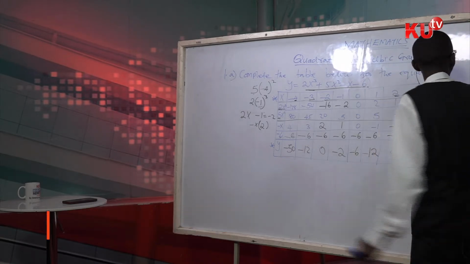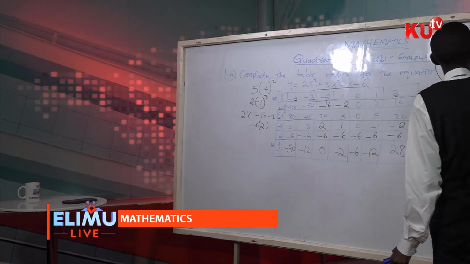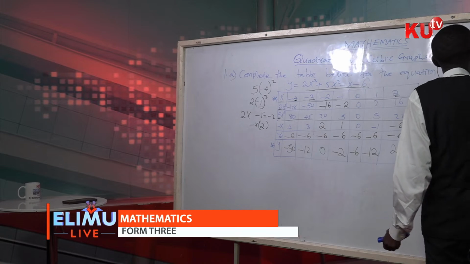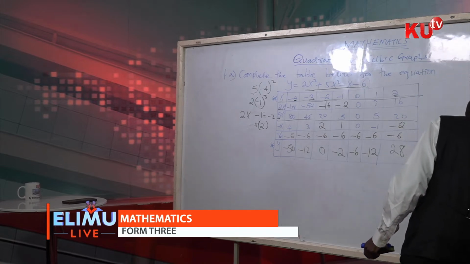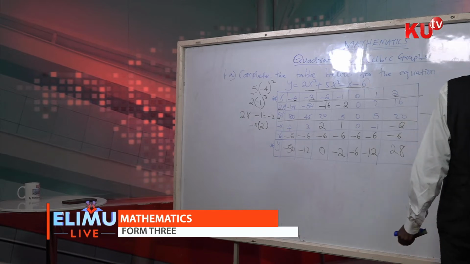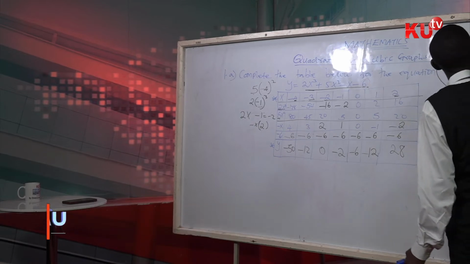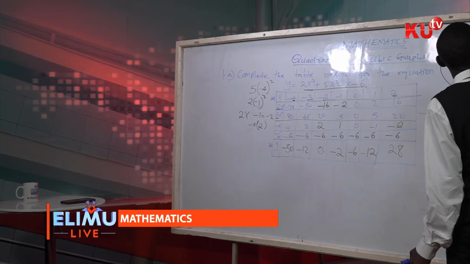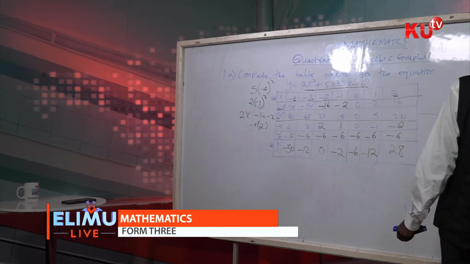You have now your graph book, your pencil, and you have your ruler. So we'll have the y-axis. You use your ruler. My hand is accurate, but you use your ruler.